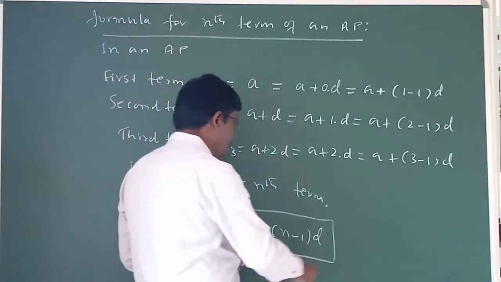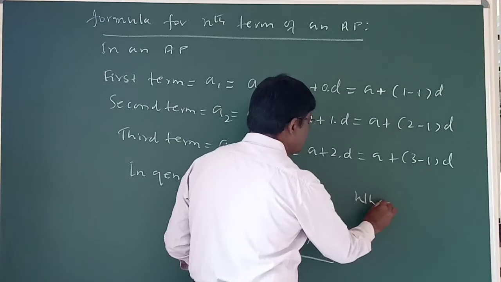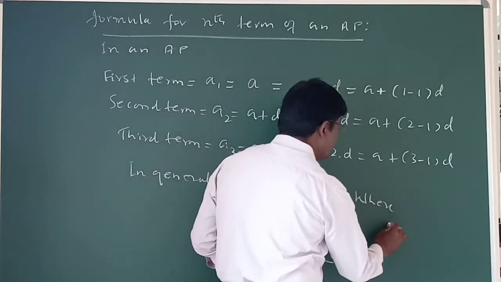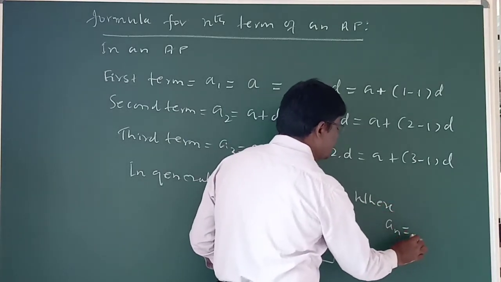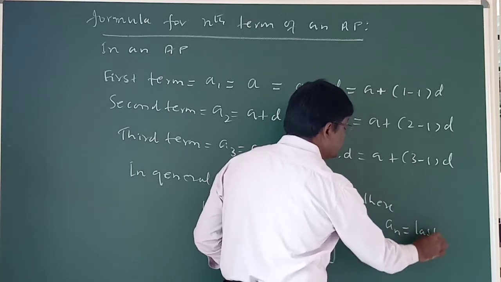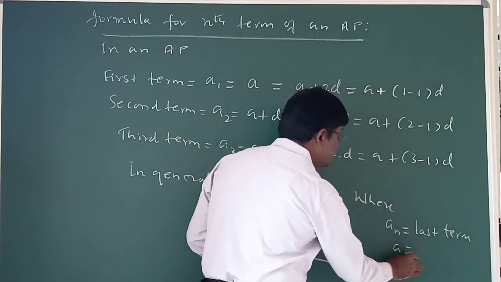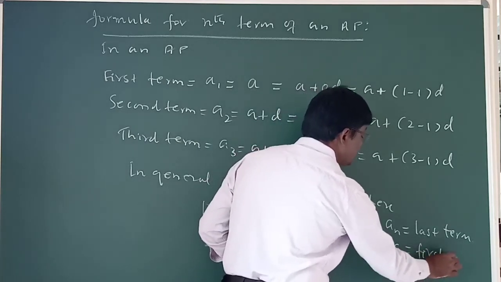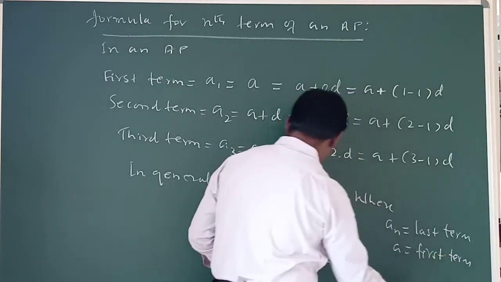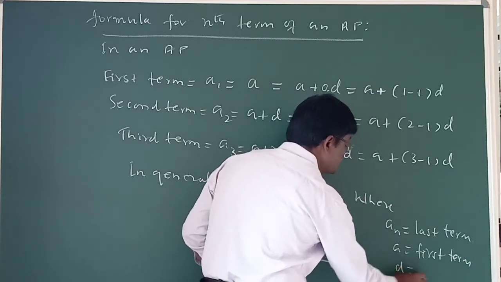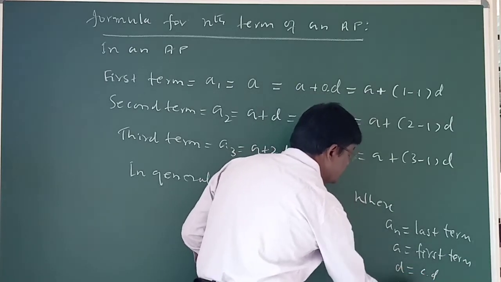Here, below this: An is what? The nth term, or we also say the last term. a, the first term. d, the common difference. n, the number of terms.